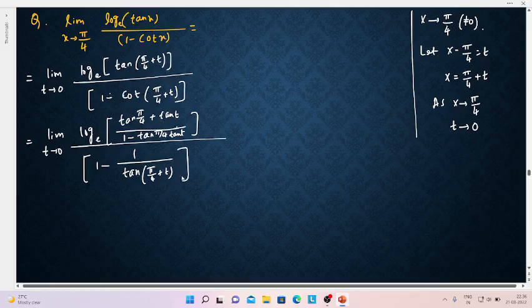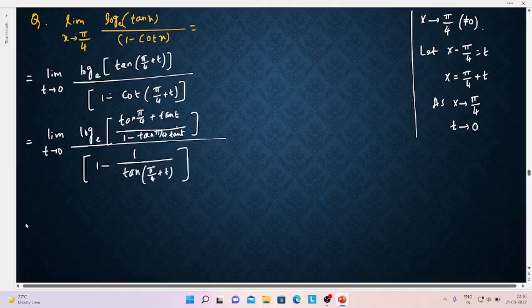Basically there are a lot of students who don't recall the exact formula of cot a plus b. I also told in some chapters of trigonometry that we don't need to know the formula of cot a plus b or cot a minus b if we know tan a plus b and tan a minus b, because through the tan a plus b, tan a minus b formulas we can easily find the value of cot a plus b and cot a minus b, right?